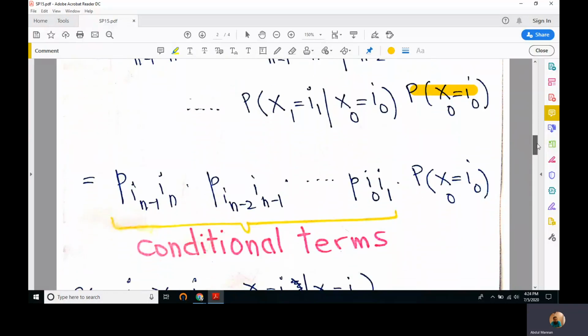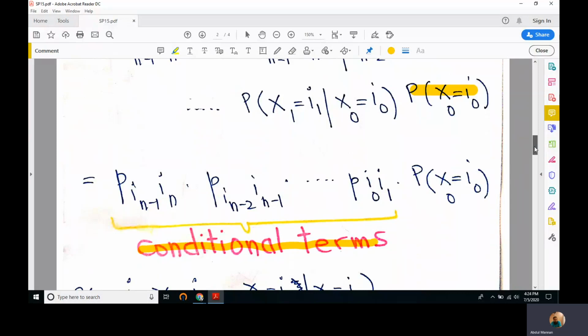So it keeps on going, and we know that all these terms are conditional probability terms that we can find both in the Markov chain or transition probability graph, as well as in the transition probability matrix.